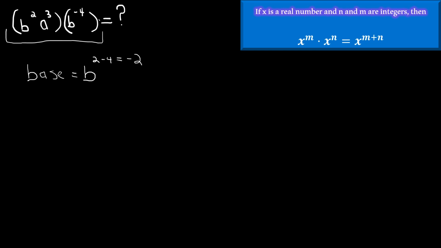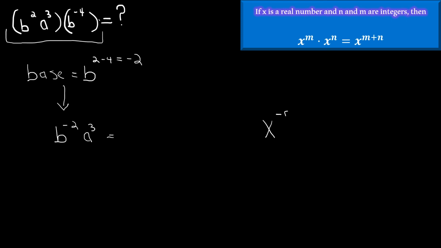Okay, let's bring everything down here. So we have b to the negative 2. Uh-oh, don't forget about the a cubed. The a cubed didn't have anything to do with us, but it's still part of the problem. But we're not done yet. Remember in the video that I created about negative exponents? Let me write that rule down over here.